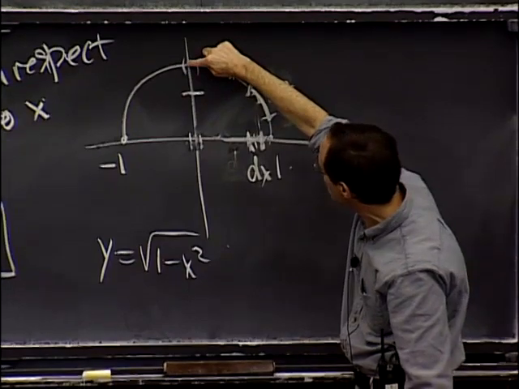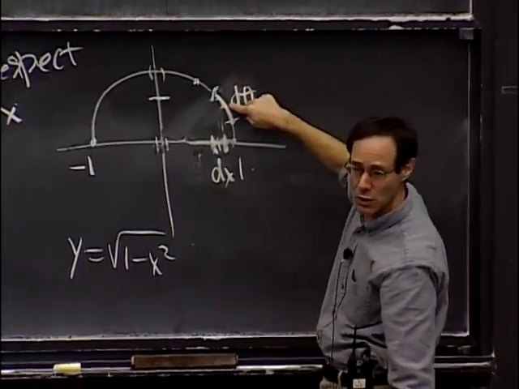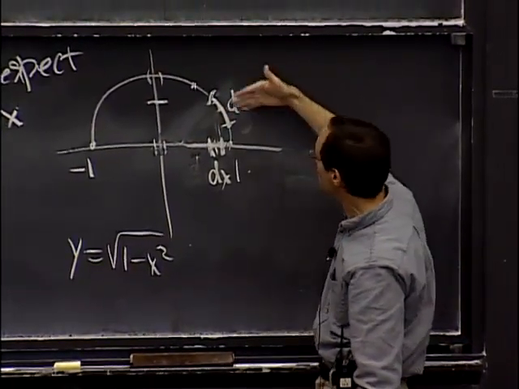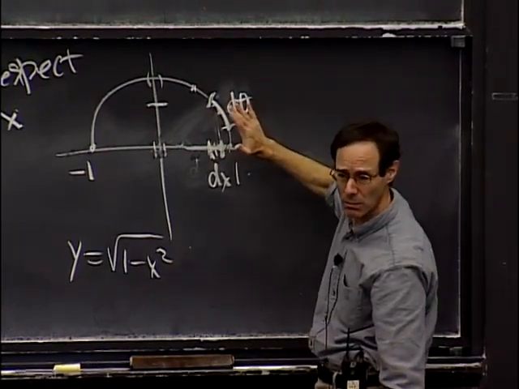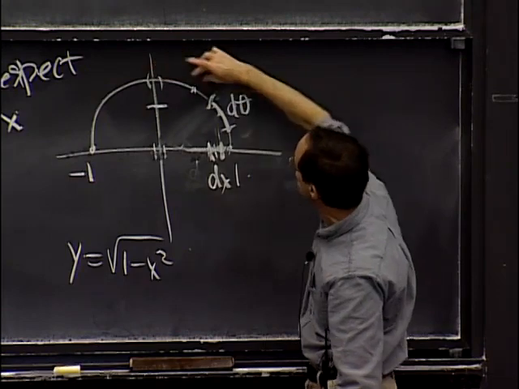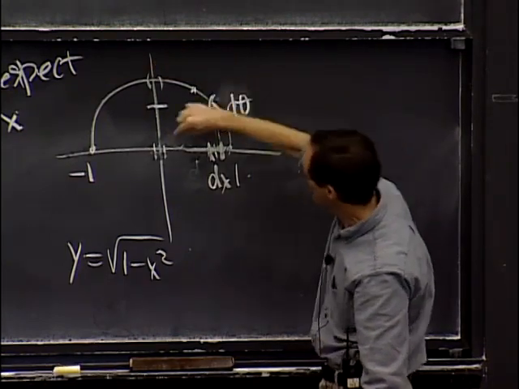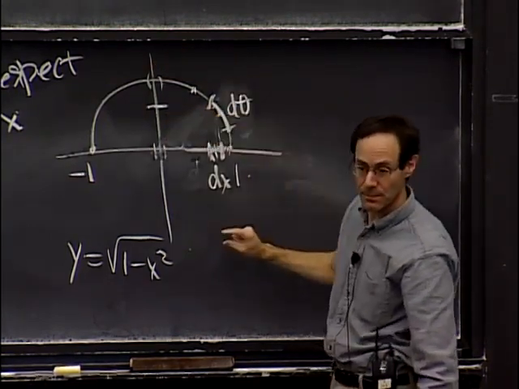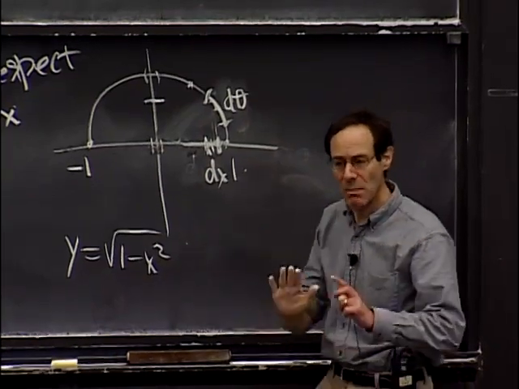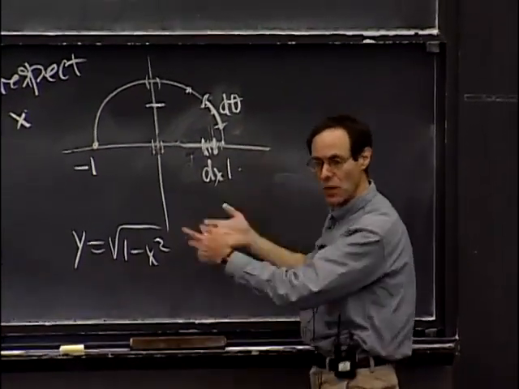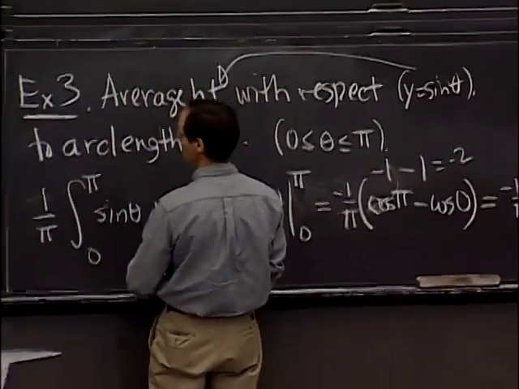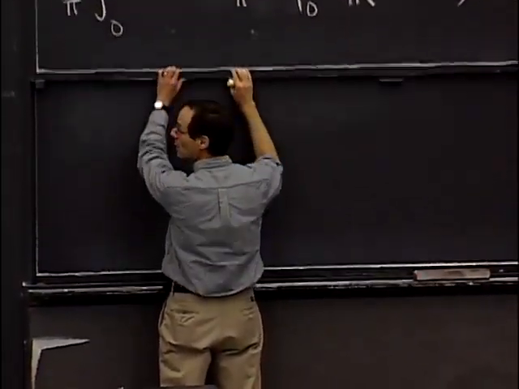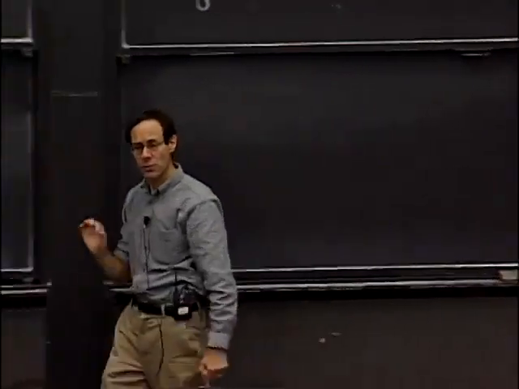But here, with respect to theta, this is relatively short and this is much larger. So as I say, the theta variable is emphasizing the lower parts of the semicircle more. That's because this length is shorter and this length is longer, whereas these two are the same. It's a balancing act of the relative weights. I'm going to say that again in a different way. The lower part is more important for theta.